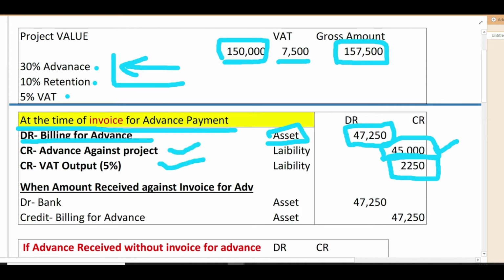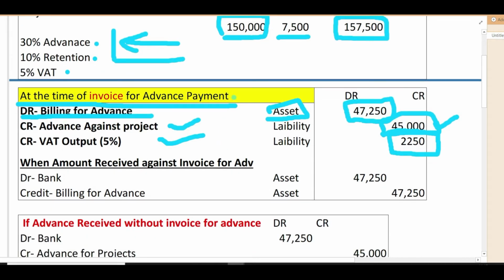Now, once you receive payment against this advance invoice, you will debit your bank, that is your asset, and credit billing for advance account 47,250. So this account is cancelled with this, and ultimately you are receiving the amount against this project.